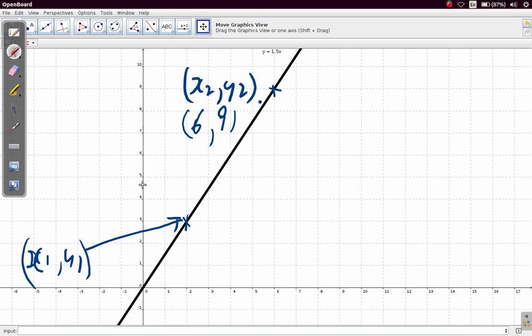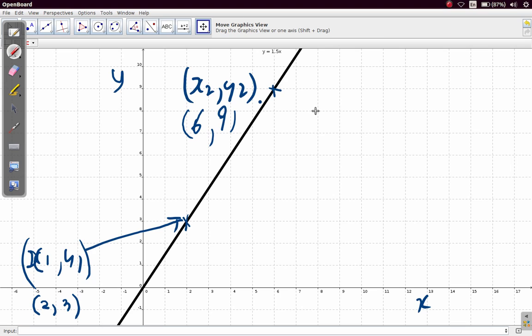The coordinates of the point are 6, 9. This point is above 2, so x1 is 2, comma, it is beside 3 on the y-axis, so y1 is 3. Because we have our x-axis, horizontal axis as always, and our y-axis, vertical axis as always.